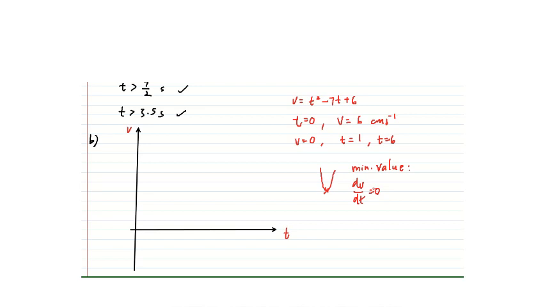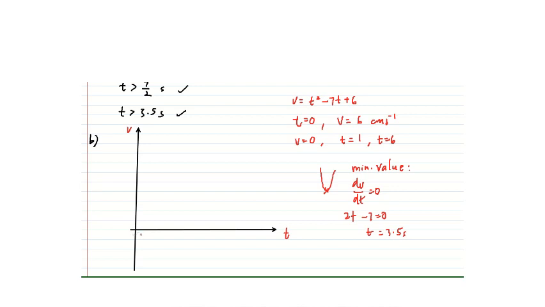So here, it is a v against t graph. We do dv/dt equal to 0. So it is 2t minus 7 equal to 0. t is 3.5 seconds.